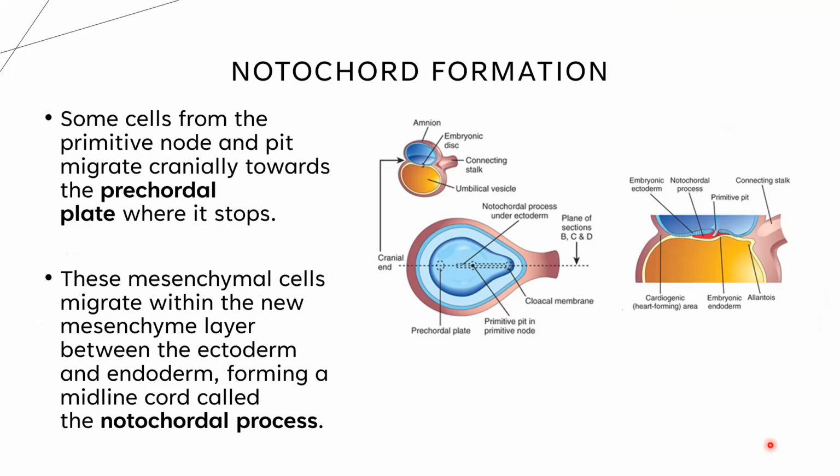Okay, notochord formation. This is the continuation from the gastrulation process. Some cells from the primitive node, remember our primitive node, grow only halfway of the embryonic disc.